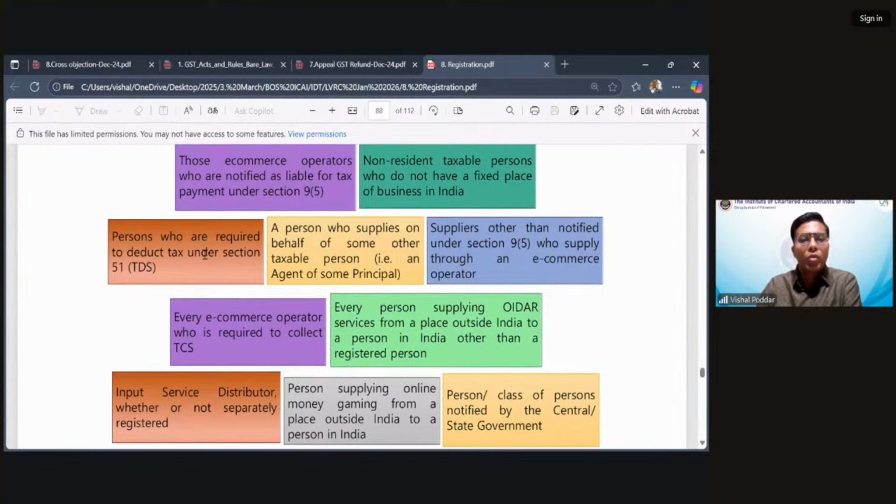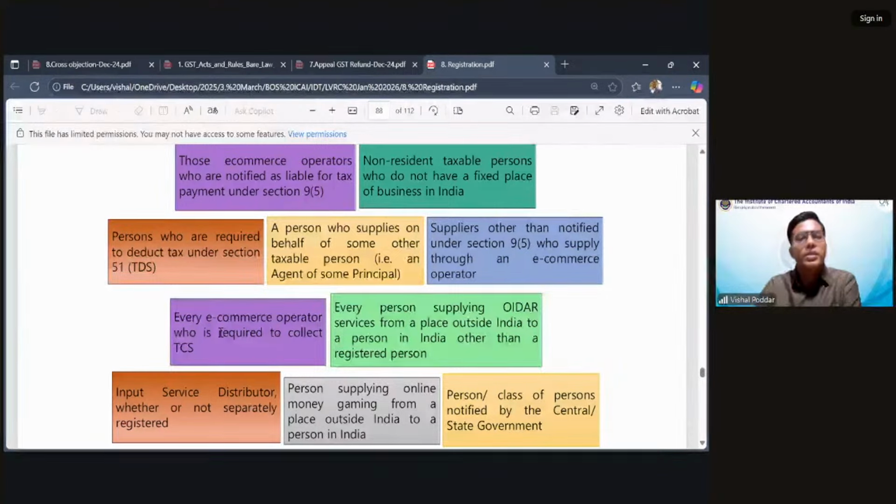Then the persons who are either required to deduct TDS or who are required to collect TCS. Obviously, without getting registered, they can neither deduct TDS nor collect TCS. Now again, under GST, unlike income tax, the TDS and TCS list is very small. TDS is to be done only by government and government departments with respect to certain supplies where the government is the contractee and is going to make payment.